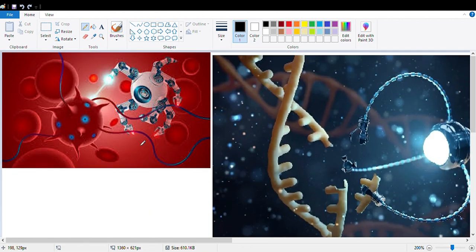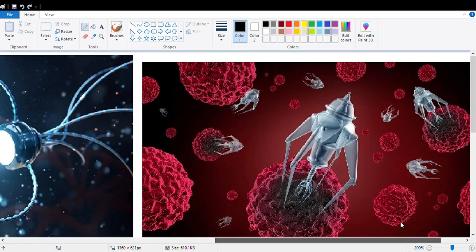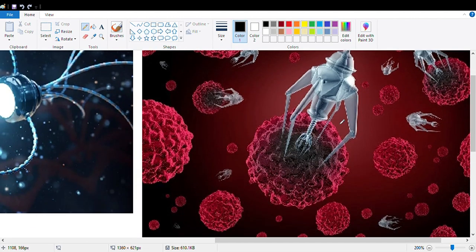They can be used in future for treatment of blood cancer, healing of chromosomes, and repairing or editing DNA by replacing DNA codes, and injecting extra antibodies into viruses.